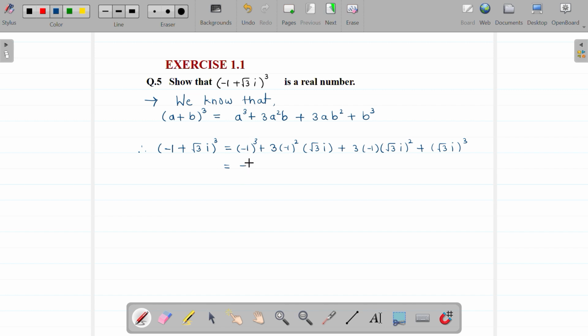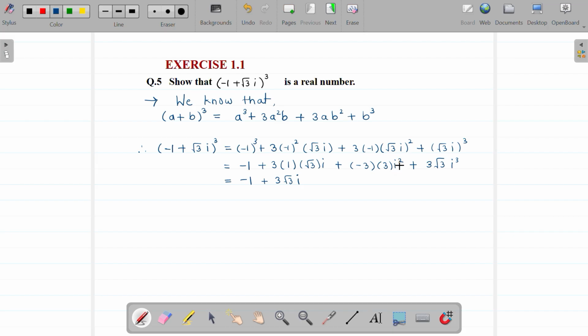(-1)³ is -1, plus 3 as it is, (-1)² is 1, into √3 i as it is, right? 3 into -1 is -3√3 i, and its square means 3 i² plus √3, its cube means 3√3 and i³. -1 as it is, 3 into 1, 3√3 i.